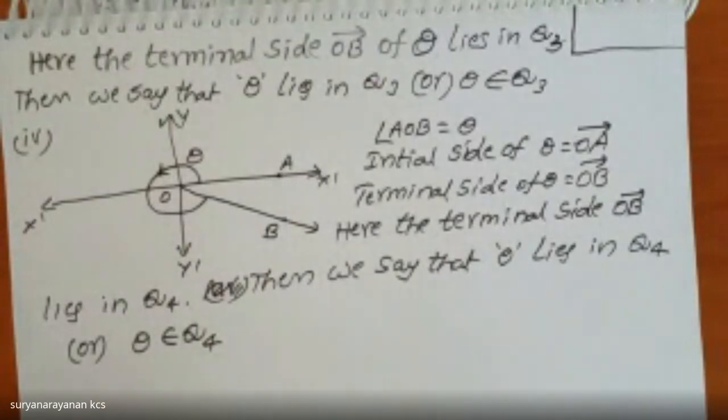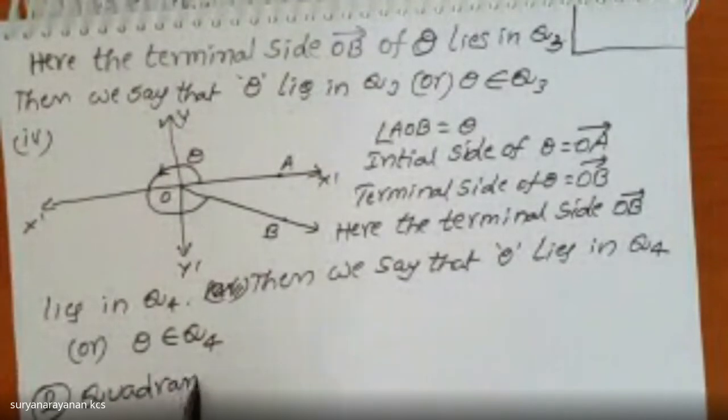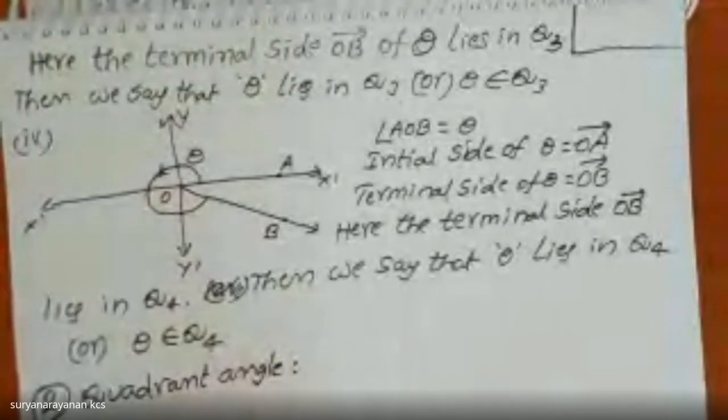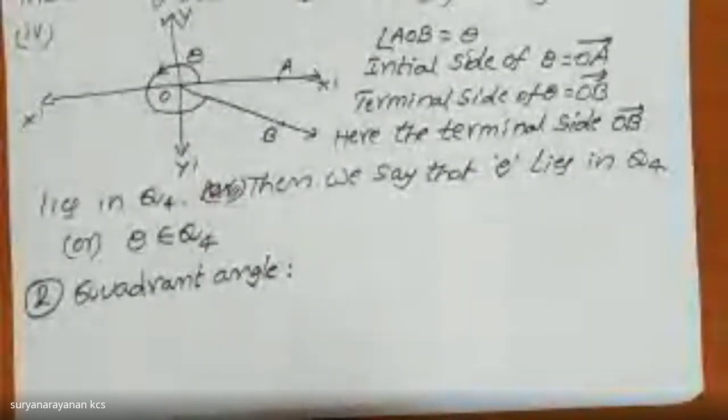Now, next point, quadrant angle. What is meant by a quadrant angle? If the terminal side of an angle coincides with any one of the axes, either positive x-axis or negative x-axis or positive y-axis or negative y-axis.